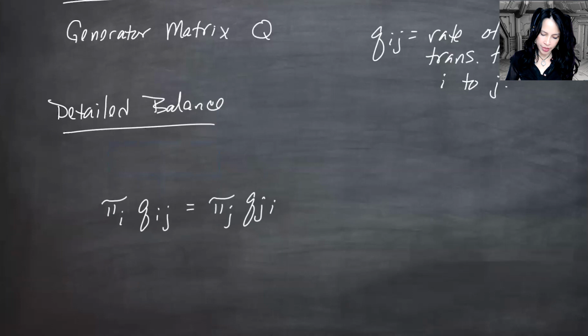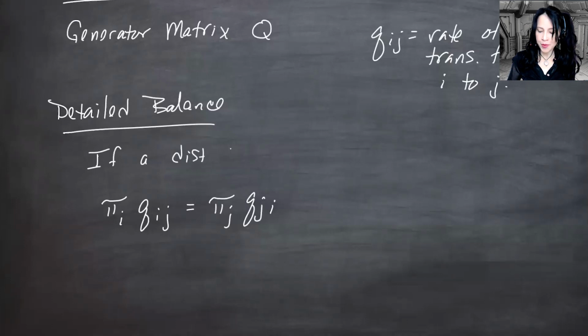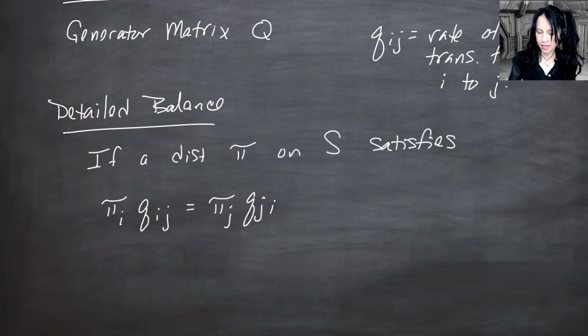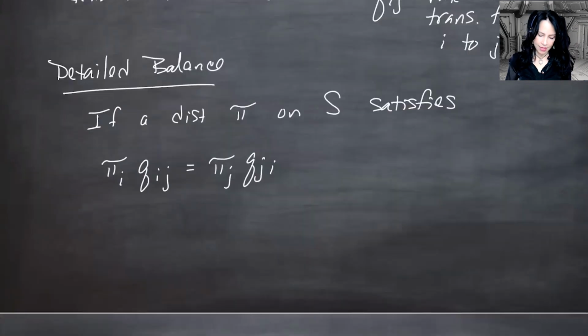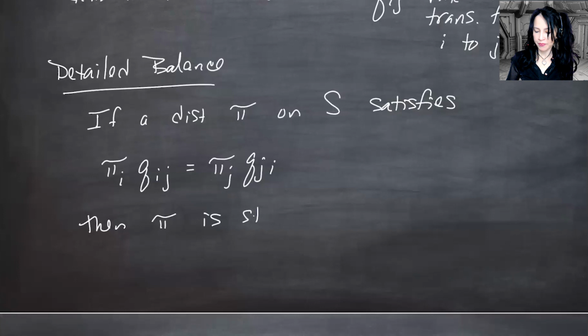This is not necessarily going to hold for your stationary distribution. But if a distribution pi living on the state space S satisfies this condition, then pi is stationary for the chain. And we're going to show this in the exact same way.